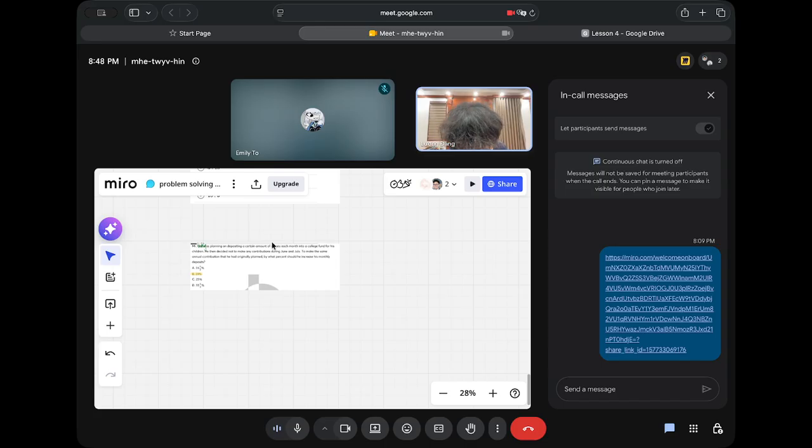So first, let x be the amount of money donated annually.